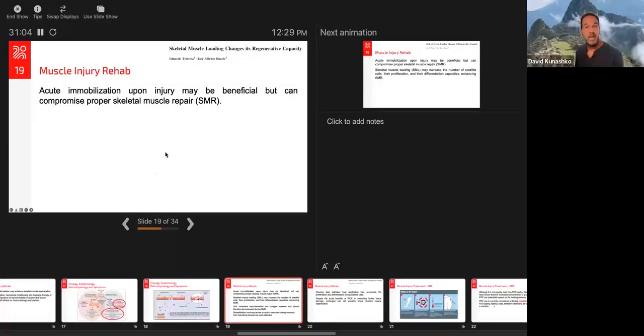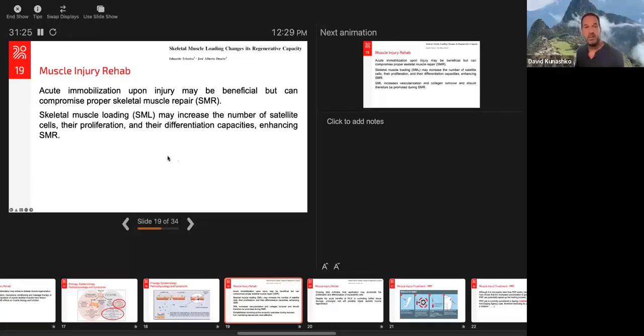Generally speaking, in an injury, oftentimes acute immobilization is beneficial, but it can compromise skeletal muscle repair. So there's a fine line between having that person be completely immobilized and actually starting to try to engage the muscle tissue.